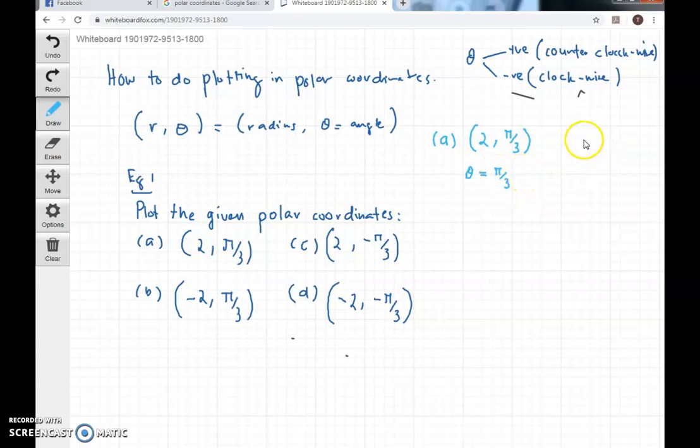Here you can see that pi is equal to 180 degrees, divided by 3, so in terms of degrees pi over 3 is equivalent to 60 degrees.